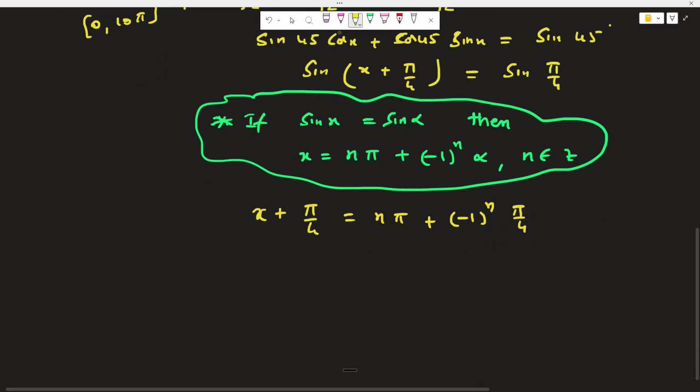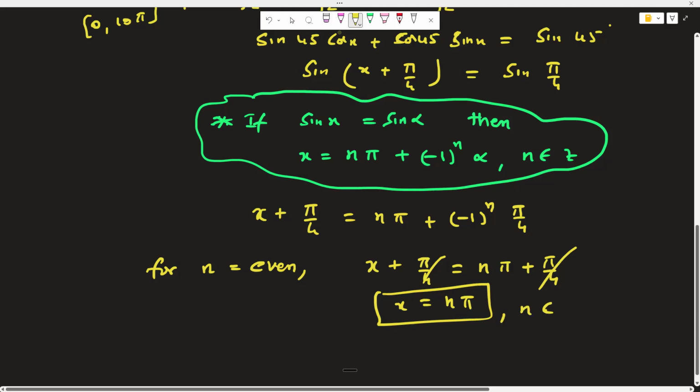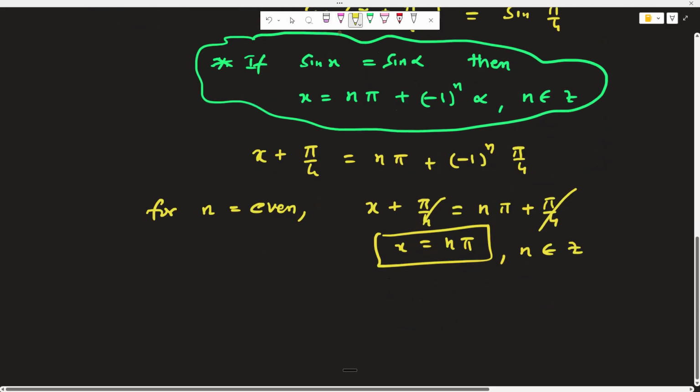For n even, x plus pi by 4 is equal to n pi, since for an even number it will be a plus, so pi by 4 cancels. So x is equal to n pi, n belongs to Z, for n even.